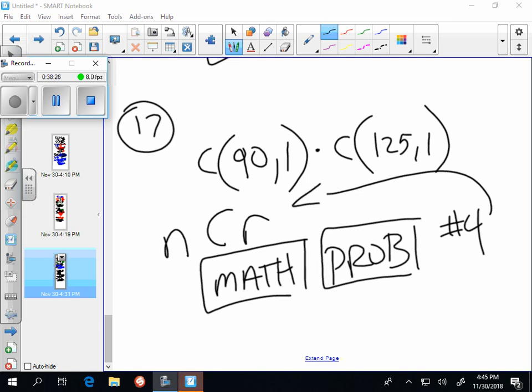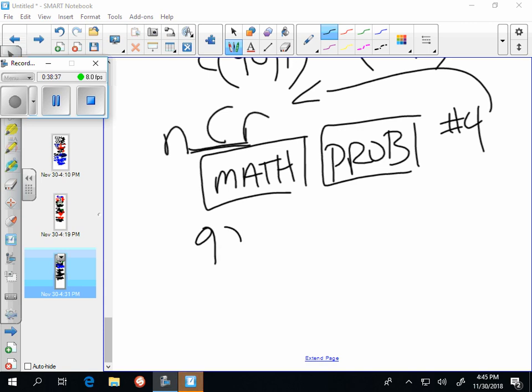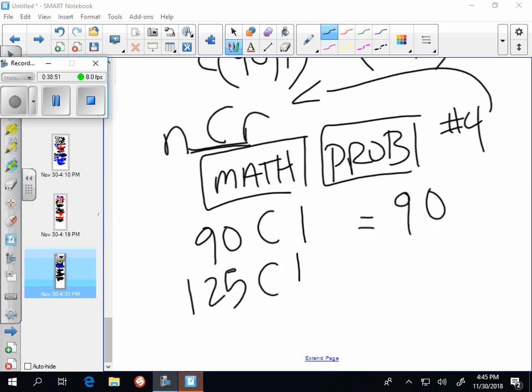Now notice with N choose R, you have to plug in the N value, then go to N choose R, then plug in the R value. So in my calculator, I would be typing 90, then math, probability, number 4, and that would give me C, and then I would type in 1. And this turns out to be 90. And in fact, why bother with the calculator when we know that this is going to be 125?